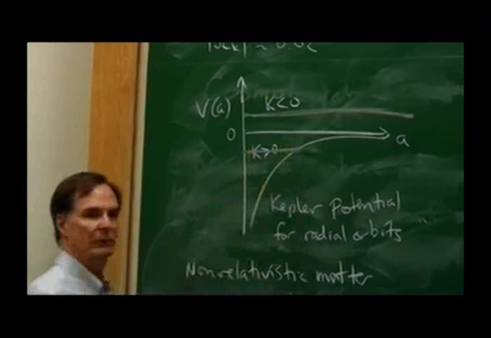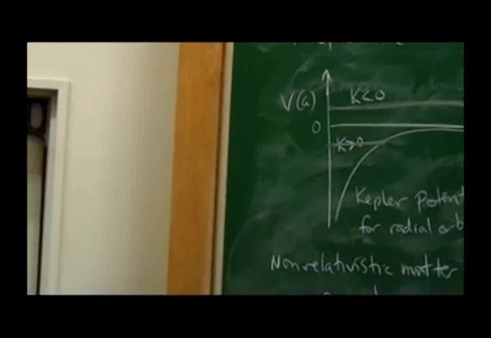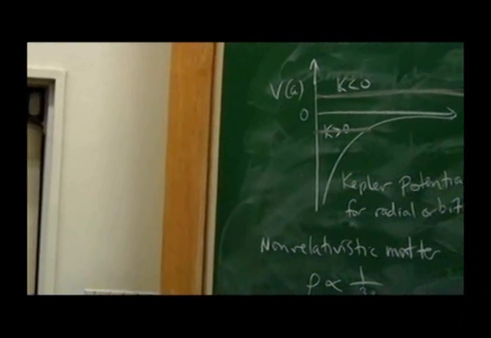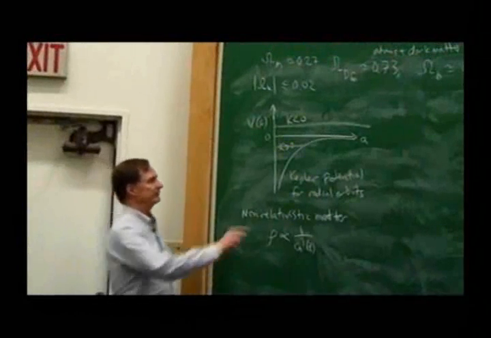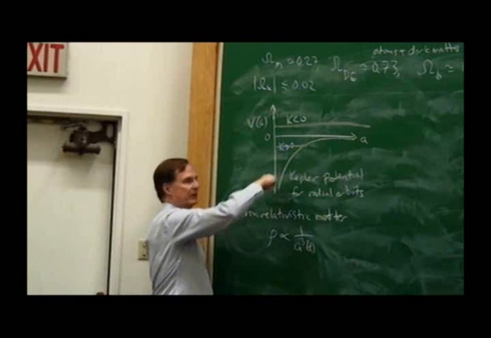So models with positive spatial curvature, with this constant K greater than 0, in a matter-dominated universe, expand to a maximum A of t, then turn around. This is a turning point.